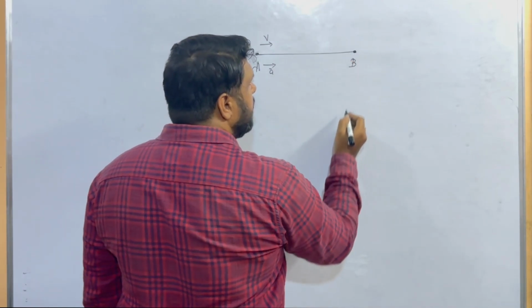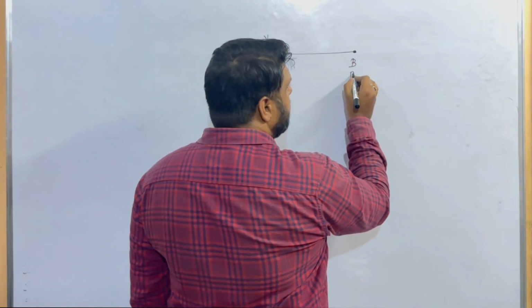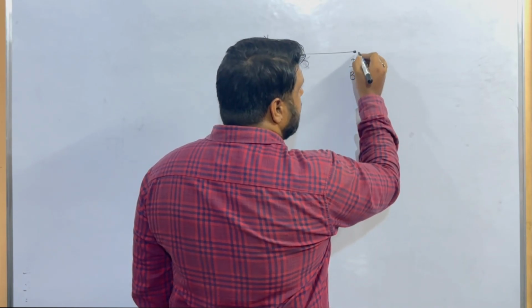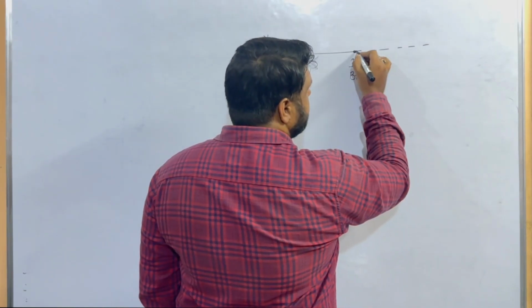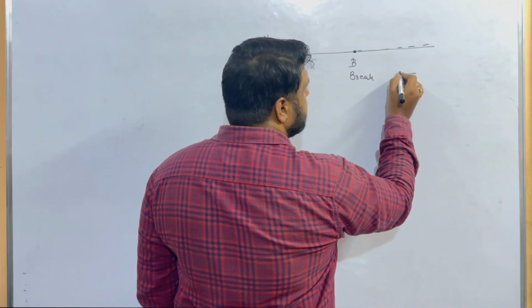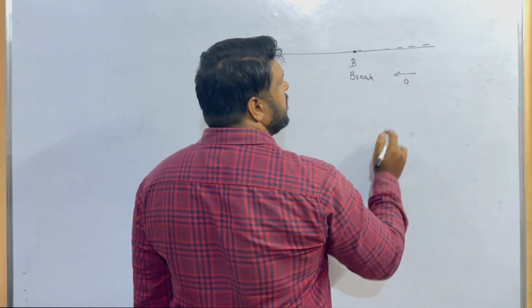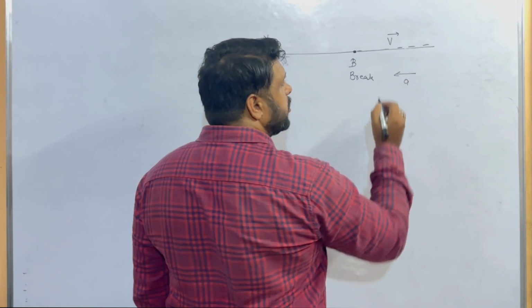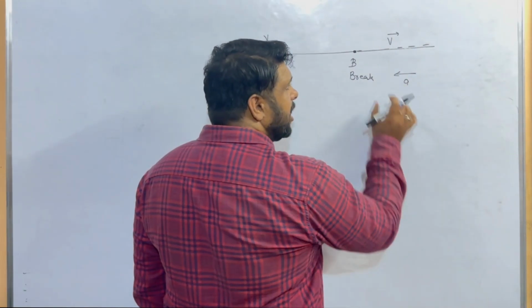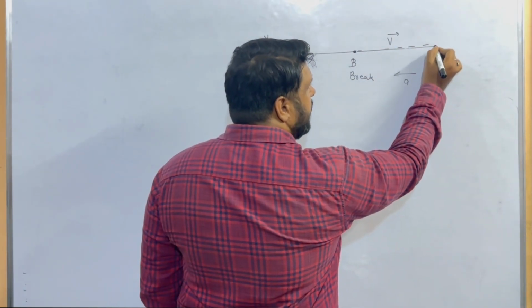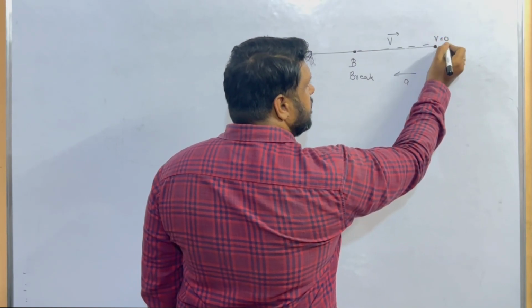At point B you applied the brake. When you applied the brake, your acceleration started acting in the opposite direction, but the direction of the velocity stayed the same. But after a while the velocity will become zero.